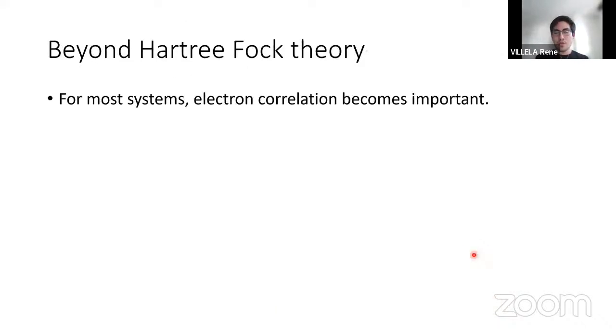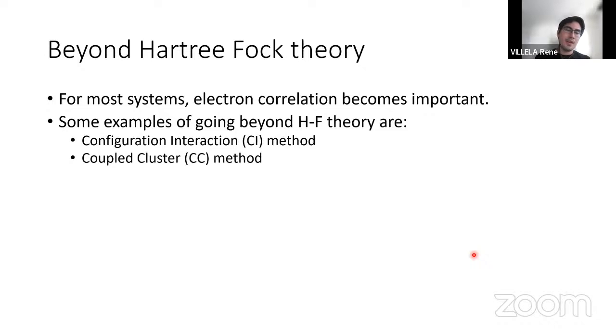However, for most systems, electron correlation, or the electron-electron interactions, becomes really important. So we cannot really rely on the Hartree-Fock theory. And therefore, we need what is usually known as beyond Hartree-Fock theories or methods.